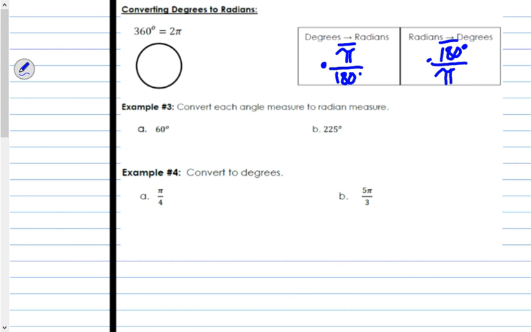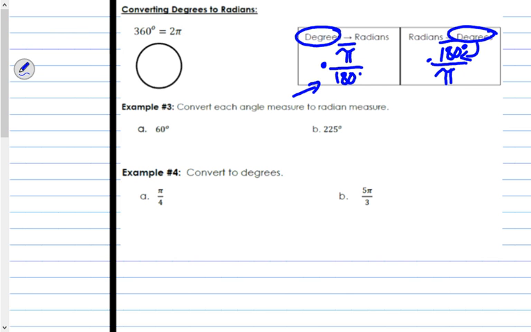Okay, so just pi and 180. You just have to remember which one's the numerator, which one's the denominator. If I am trying to get rid of the degrees, I'm dividing by the degrees. If I'm trying to get to degrees, I'm multiplying by the degrees. Okay? And the degrees is the numerator.